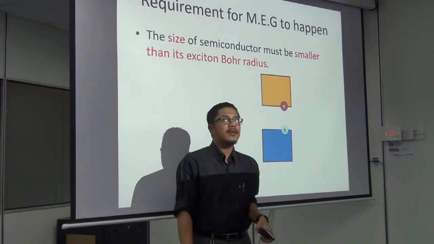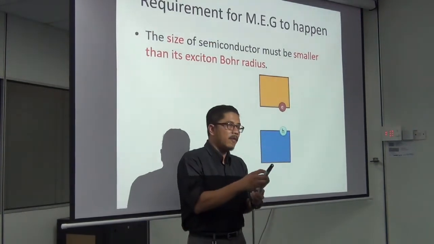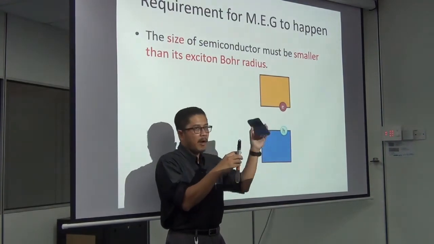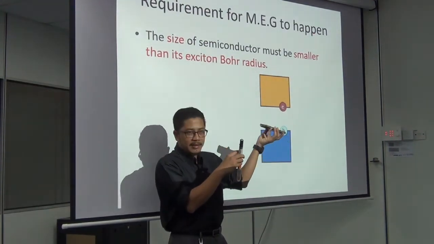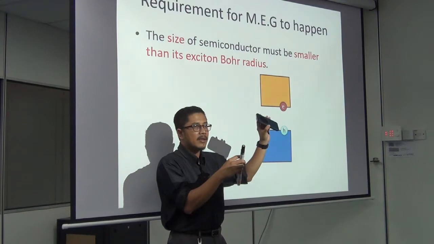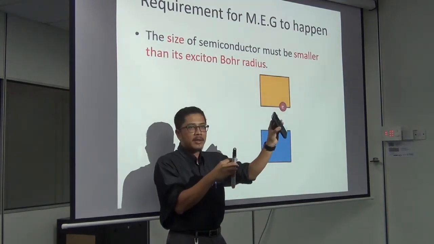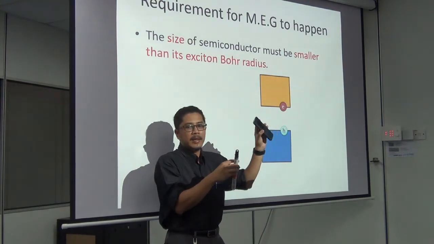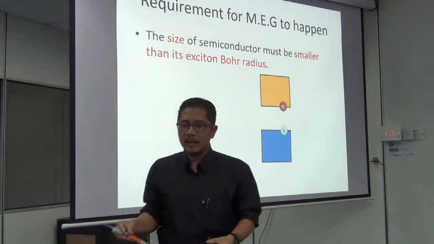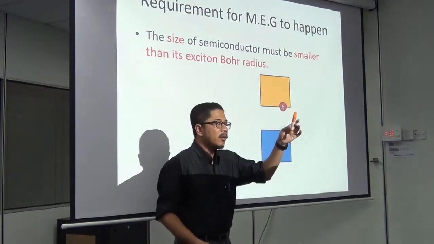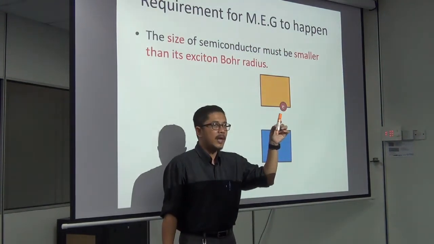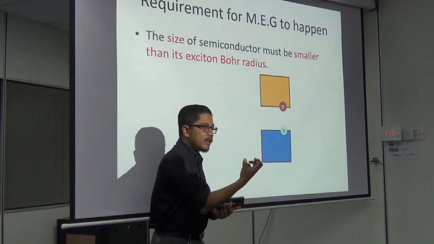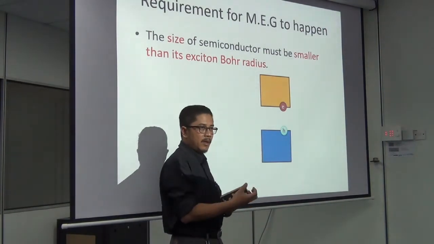Actually, we have so many terminologies for this kind of material, not just quantum dots. If the shape of the material is sheet-like like this, we could call it nanosheet. If the material looks like this, we could call it nanorod. If the material is spherical in shape, we could call it nanosphere.